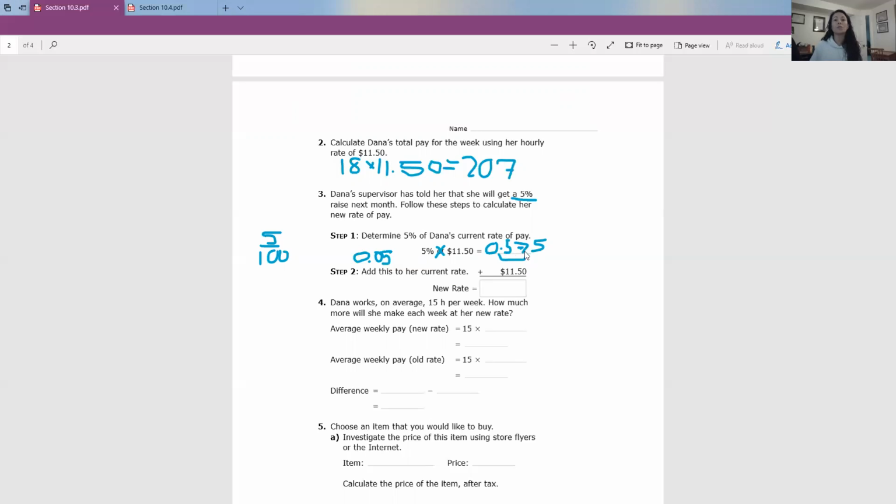So this is actually going to be 0.58 because this number here is 5 or greater, so we're going to round up. So this is 0.58. Okay? All right, so we're going to take this here and we're going to add it to her $11.50. So this is her old wage, but we're going to increase it by 5%, or we're going to increase it by 58 cents. So we're going to add them, and we should get $12.08.